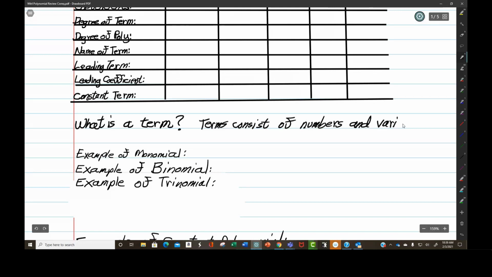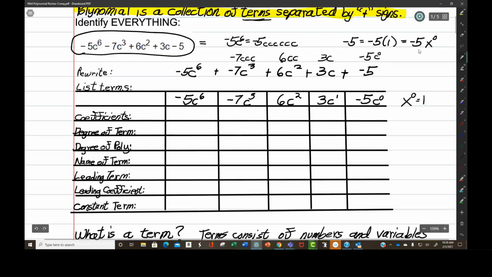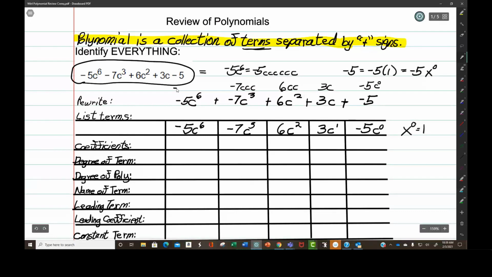And variables that are multiplied together. Then when the multiplication stops, let me write this here.